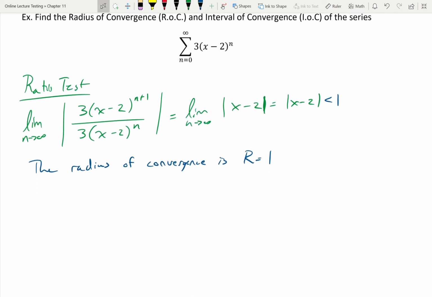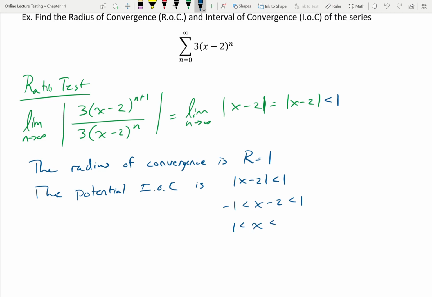And then we have the potential IOC, which is absolute value of x minus 2 is less than 1, and so we're going to work this guy out. So we're going to get negative 1 is less than x minus 2, which is less than 1. Adding 2 all the way through, we're going to get 1 is less than x, which is less than 3.